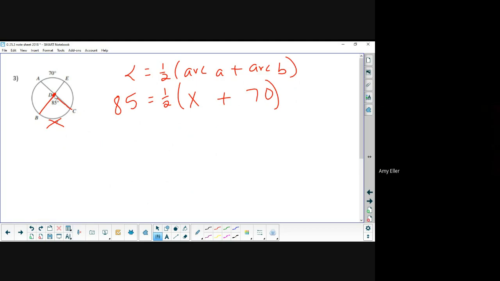I wrote that my angle is 85. Arc A is X. Arc B is 70. I could distribute the half, but instead of doing that, I'm going to multiply both sides by 2. Multiply by 2.